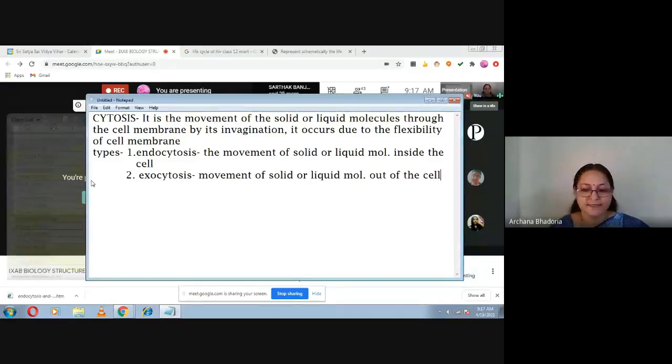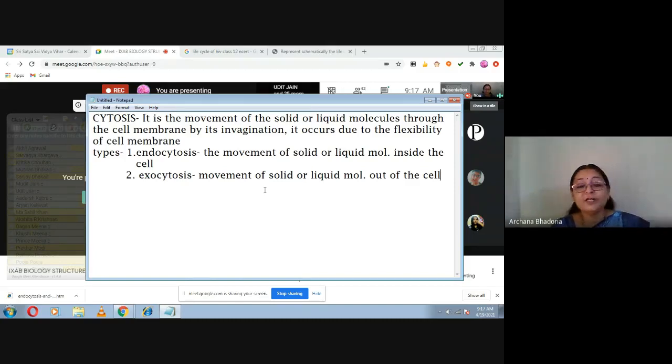So remember always what is happening here. The molecules are not moving directly. They will be enclosed inside a vacuole. Now see, children, in the amoeba, you all have studied how nutrition takes place.